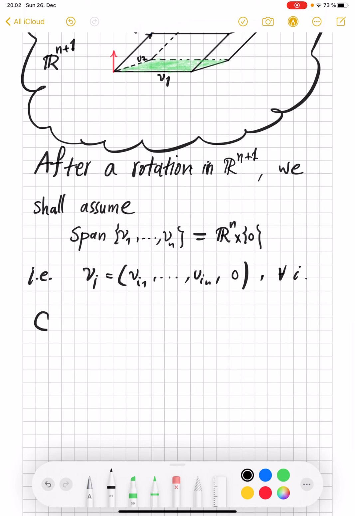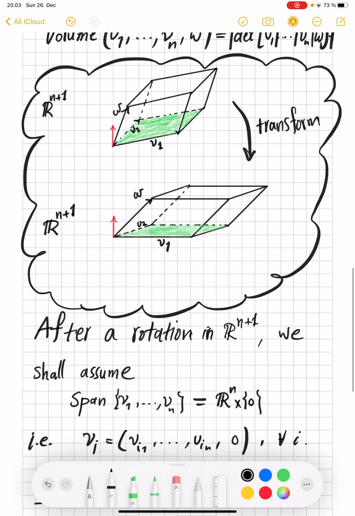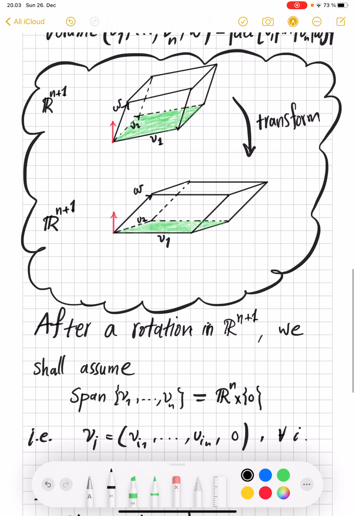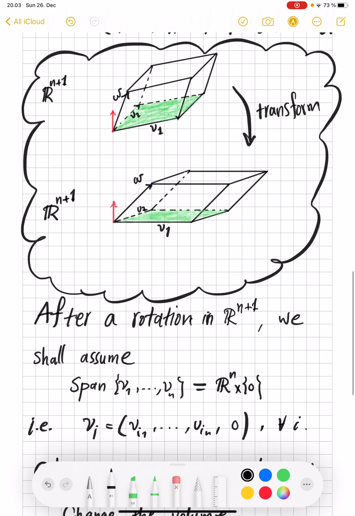Okay, claim. This rotation does not change the volume of the parallelepiped. This is not entirely obvious if you really just want to use the definition of Lebesgue measure or Hausdorff measure. Hausdorff measure is actually easier because by its definition, it's rotation invariant.